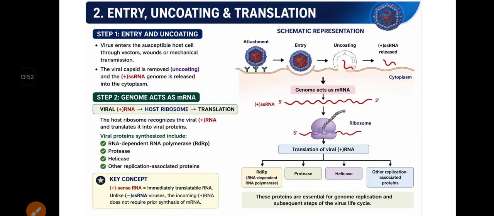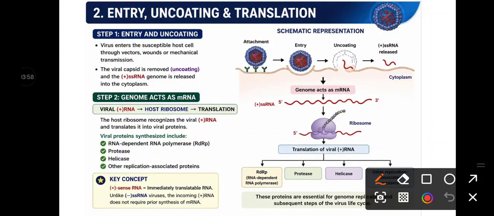First, the virus will enter into the susceptible host. Entry of the single stranded virus may be either through a vector, that may be an insect or nematode, anything, or it may be due to a wound or through mechanical transmission.